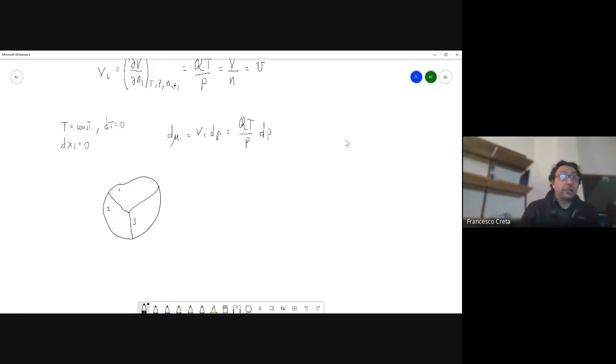So imagine that each subsystem is at a pressure P. And suppose now that we want to remove these internal constraints, we want to remove these impermeable walls. And what we want to do, therefore, by removing them, is expand each subsystem at pressure P to its partial pressure p.